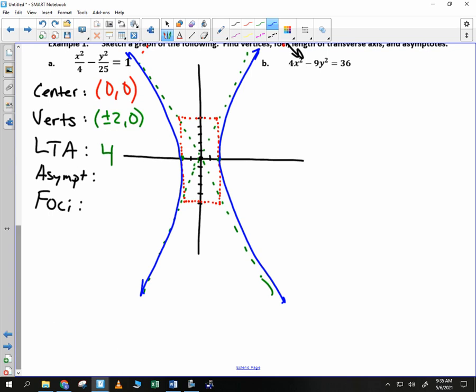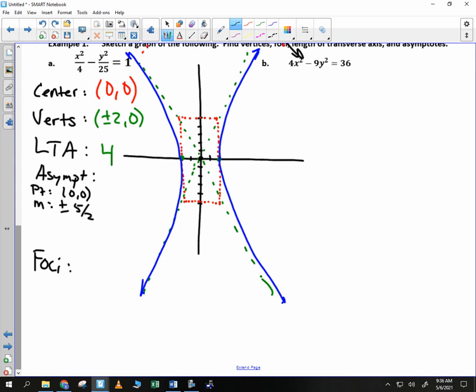So I'm going to write an equation for the asymptotes. I'm going to move the foci down a little bit. Okay, so foci. So I need a point and I need a slope. What is the point? 0, 0. And what is the slope? 5 over 2.